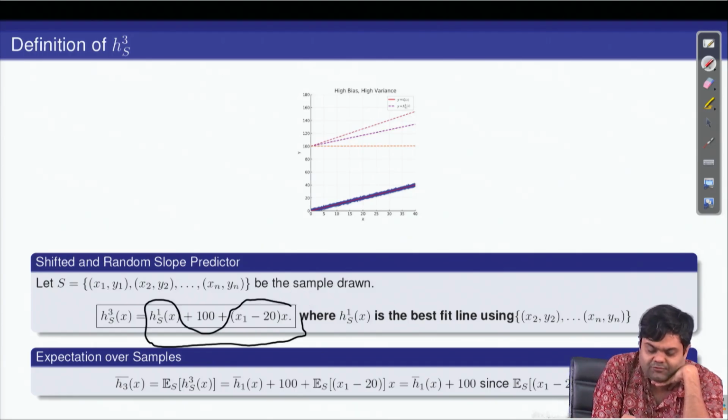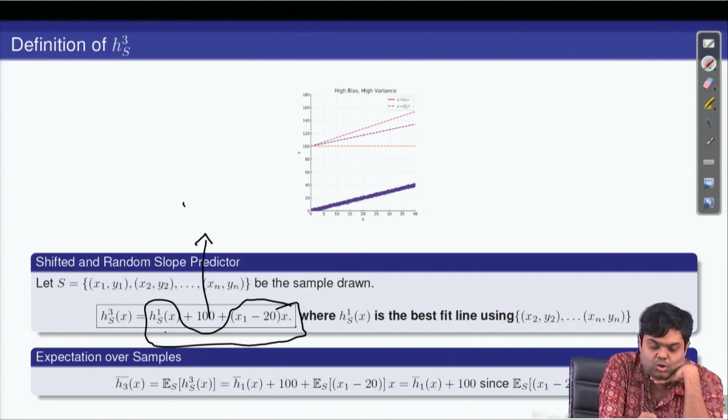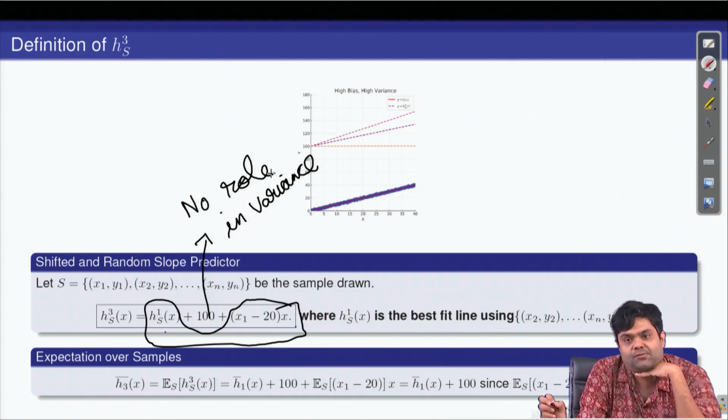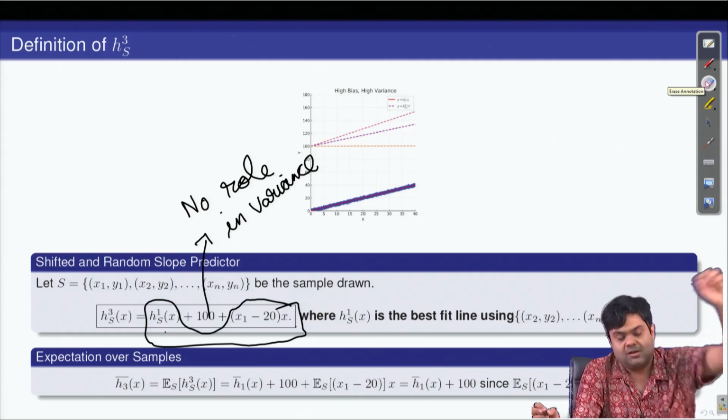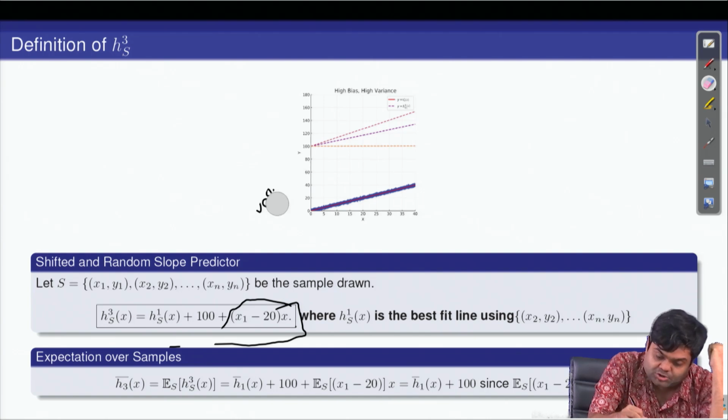So the variance of this portion will contribute to the variance, while the shift has no role in variance. What it does is ruin the unbiasedness of the model, introducing a permanent bias by shifting the center from the actual center.